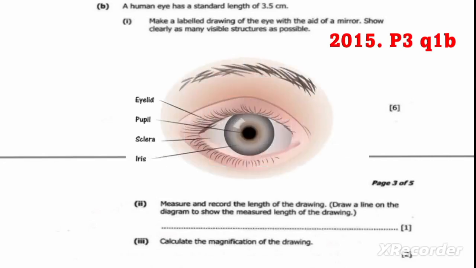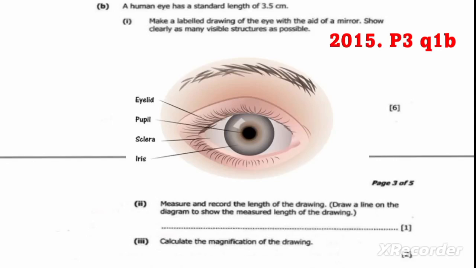Then you need to label these structures. Here we have the external structures: eyelid, pupil, sclera, iris. You can include some of the external structures not included here. We can see that the question is carrying 6 marks.